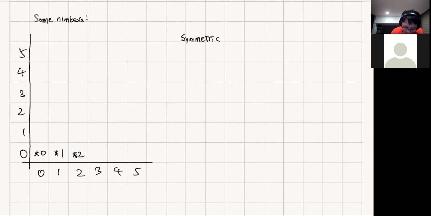All right. And you can probably tell where this is going. So this is going to be star 3, star 4, star 5, etc. And because it's symmetric, I can go up like this. Star 5.